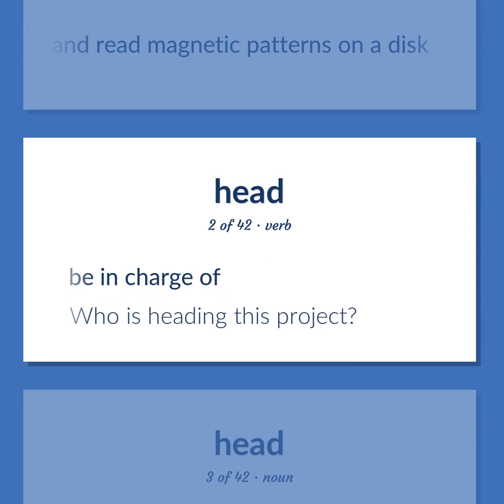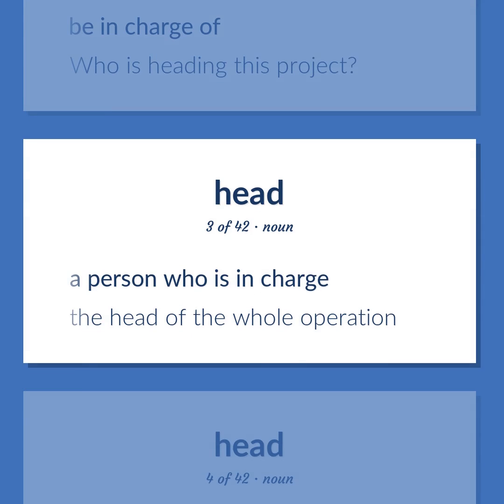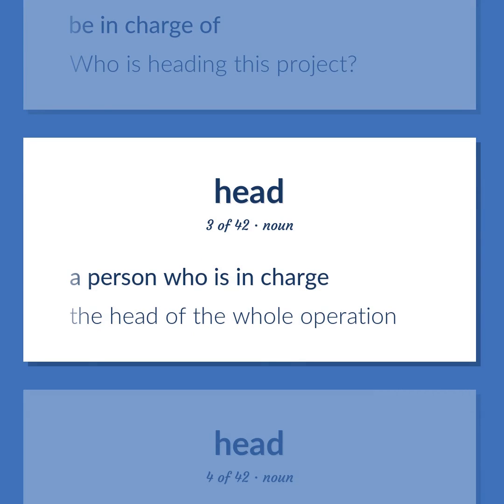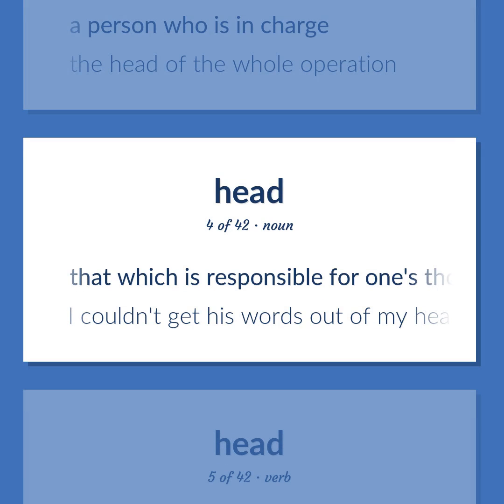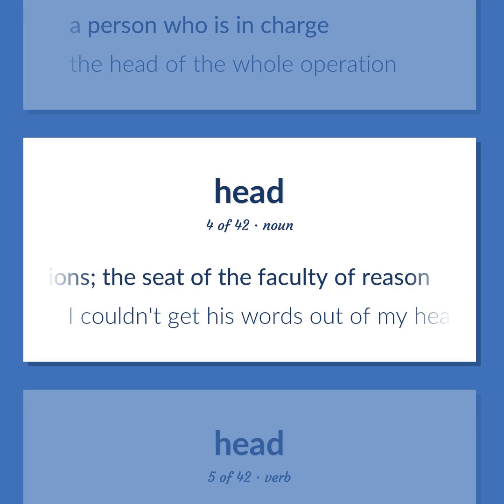Be in charge of. Who is heading this project? A person who is in charge. The head of the whole operation. That which is responsible for one's thoughts, feelings, and conscious brain functions, the seat of the faculty of reason. I couldn't get his words out of my head.